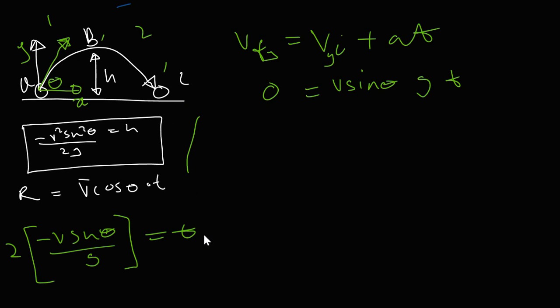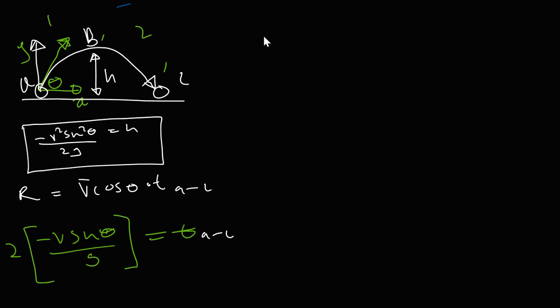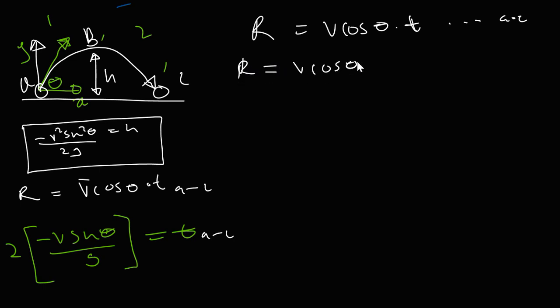The time I'm looking at is A to C, and the reach I'm looking at is also A to C. So I can now say the reach is equal to V cos theta times time, T, looking at A to C. We also know the time for the reach for AC.